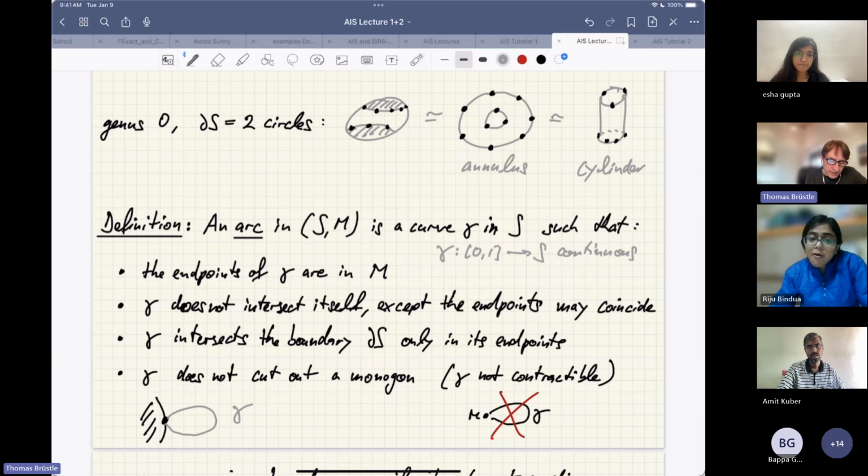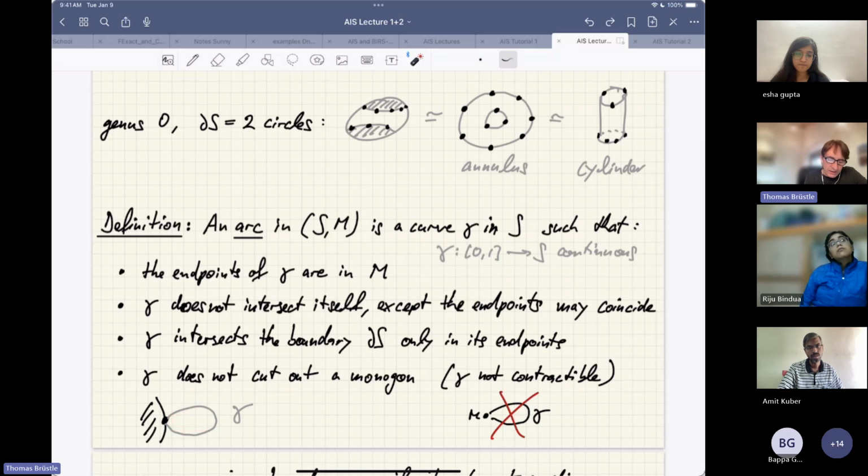However, if there is nothing in the interior of gamma, then if I fill this interior, that would be called a monogon. So that shape here, that's a monogon, a polygon with one point.